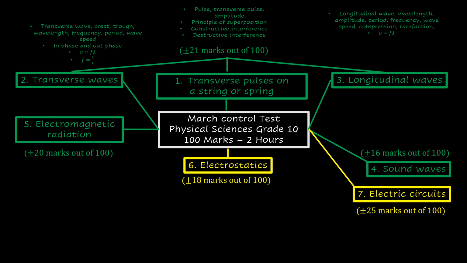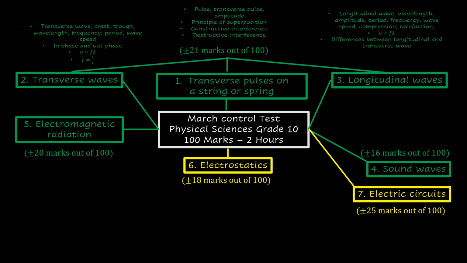Similarly as with transverse waves, you also need to be able to use this wave equation. V, the speed v, equals the frequency f multiplied by the wavelength lambda. And more than anything, you may be asked to state or differentiate between a longitudinal wave and a transverse wave.